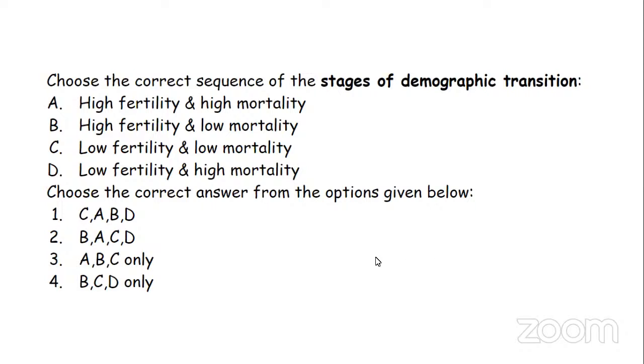Four stages are given here, so you have to arrange these stages in the correct sequence, and select the correct order from the codes given here. The first option is CABD, then BACD, or is it ABC only, or is it BCD only?